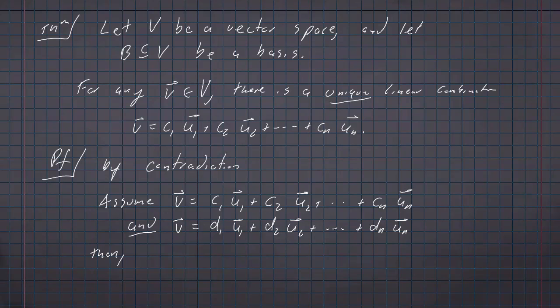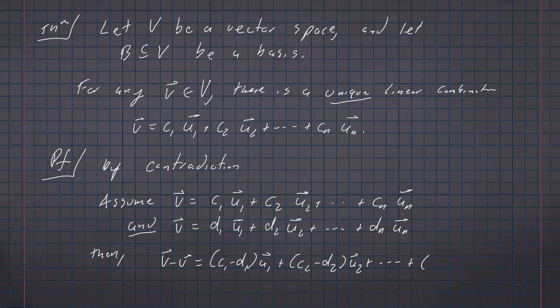If we have two linear combinations that both give us vector v, we can subtract the first row minus the second row here, and get v minus v, then we'll have C1 minus D1 times U1. We'll have C2 minus D2 times U2. And we'll have Cn minus Dn times Un all the way at the end.